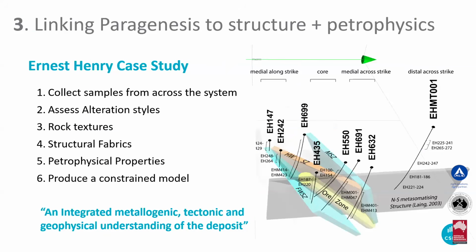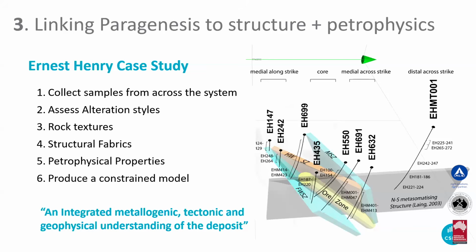Okay, so many of you will have heard some of this spiel before. Hopefully I've refined it over the years, but linking paragenesis to structure through petrophysics. This is based on work we've done at Ernest Henry over probably 5 years or so.